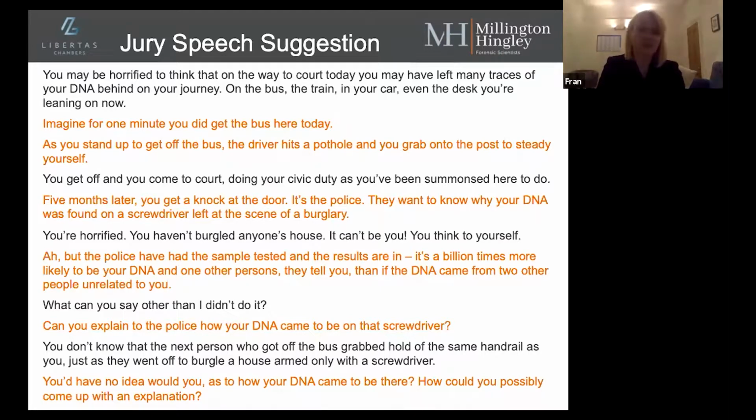Juries will leave DNA in jury rooms, they'll deposit it all on the route to get to the court. So I've included there an example of trying to get the jury to put themselves into the position of recognising that frankly this could happen to anyone, and it could happen to them if they were so unfortunate.